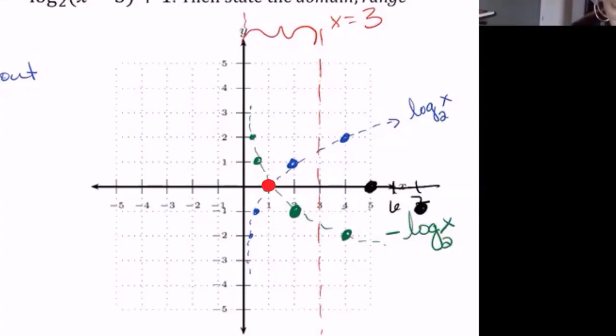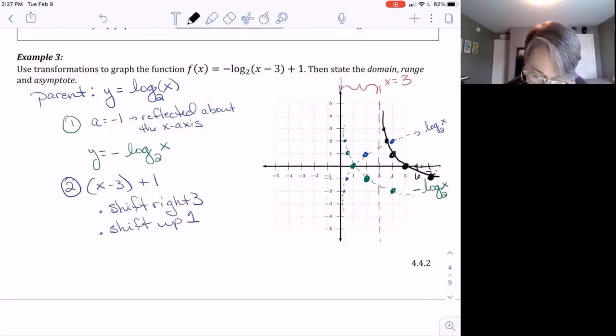Point 1, 0, right 3, up 1. Then the point 1/2, 1, right 3 and up 1. And the point 1/4, 2, right 3 and up 1. So this last graph in black is our f of x function with all transformations.